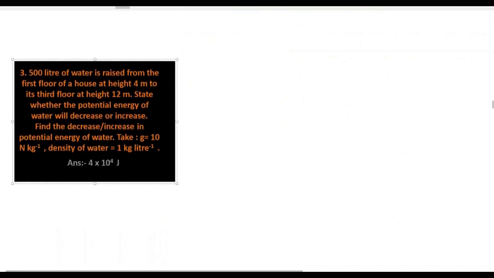Right? Next question. Okay, this is very interesting. 500 liters of water is raised from first floor of a house at a height of 4 meter to its third floor at a height of 12 meter. So the initial height is 4 meter, final height is 12 meter, and the volume of water which is raised is 500 liter.